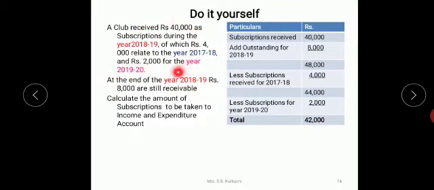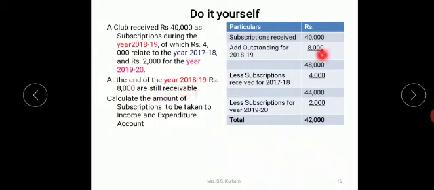When such problems are given, the amount of 40,000 includes the outstanding as well as the next year's. So the solution: subscription received is 40,000. Now we have to add outstanding. At the end of the year 18-19, 8,000 is still receivable, that is outstanding.